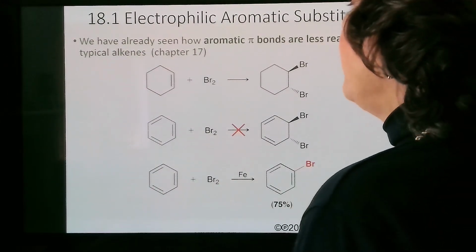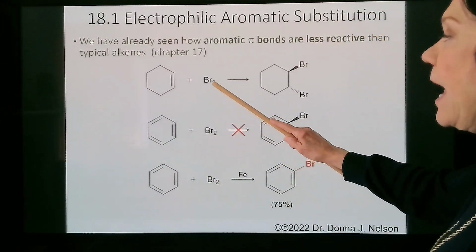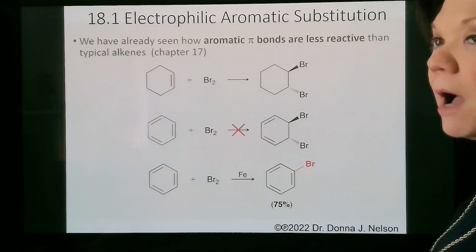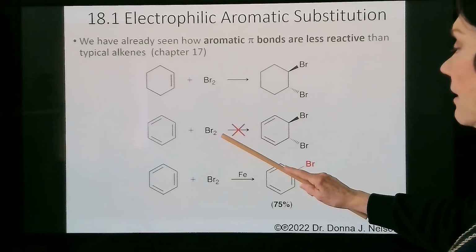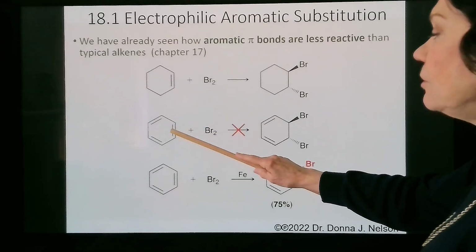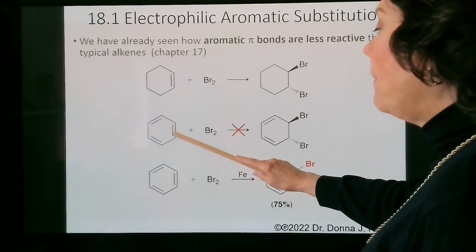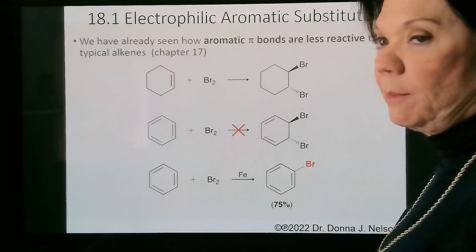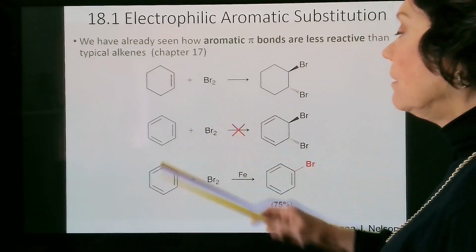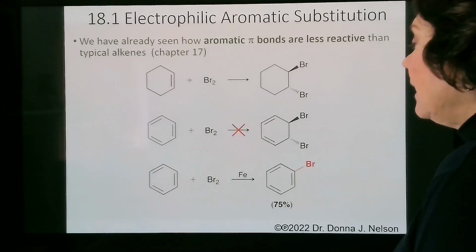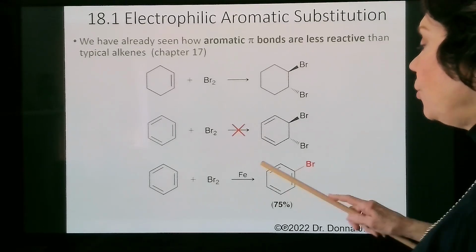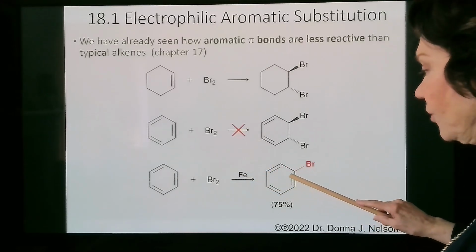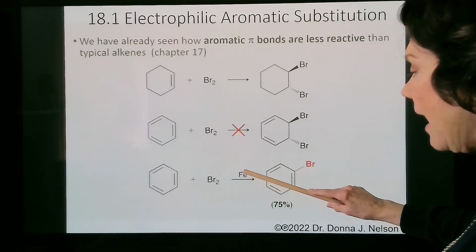So we already know that it's possible to add bromine across a pi bond, and that bromine does not simply add to benzene in the same way that it will add across the pi bond in cyclohexane. However, it is possible to brominate benzene if you add a catalyst.